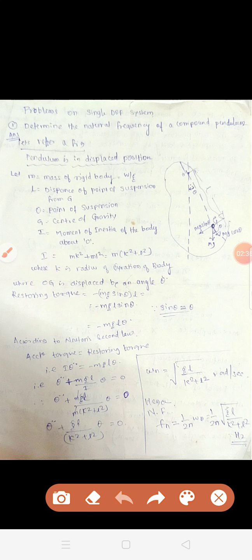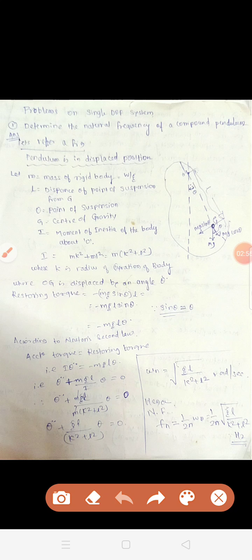Now we get theta double dot plus gL divided by k square plus L square into theta is equal to 0.